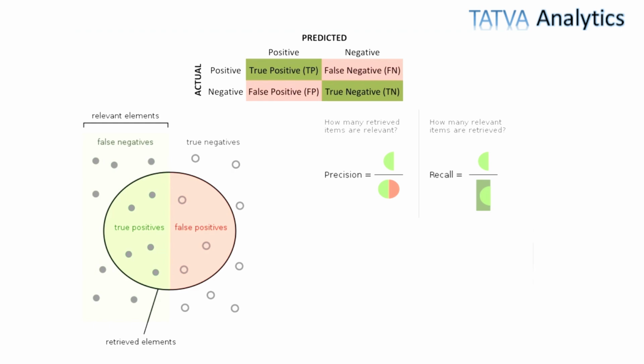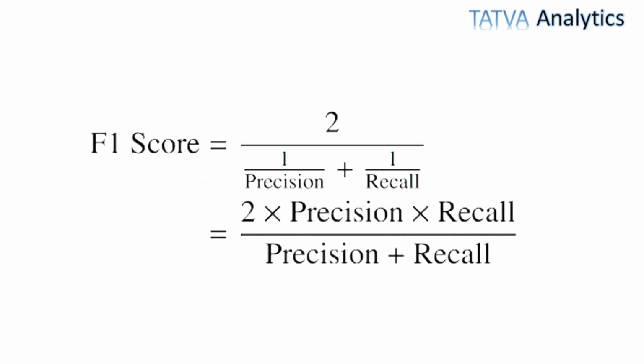What is not relevant is false positives and true negatives, right? And precision, on the other hand, as you see here, is basically true positives upon the total positive predictions. So recall is true positives divided by true positives plus false negatives. Then there is something called the F1 score, which is a derivation of precision and recall put together in a formula. So just for your knowledge here.